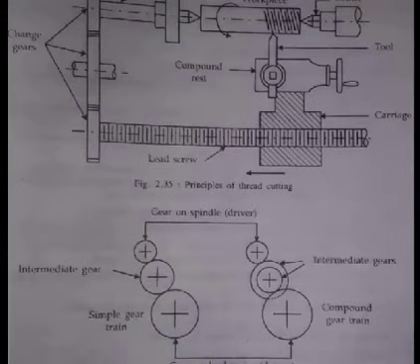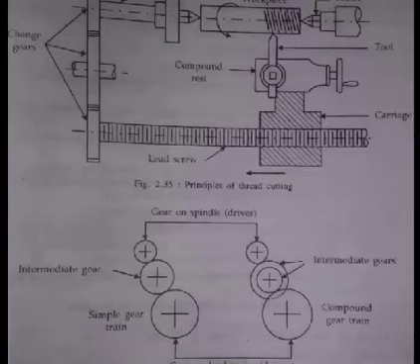Here the lead screw is engaged with the carriage and produces the threads on the cylindrical job. The figure shows the spindle gear connected as the driver gear and the lead screw gear as the driven gear. By changing the suitable gears, the lead screw speed can be changed.